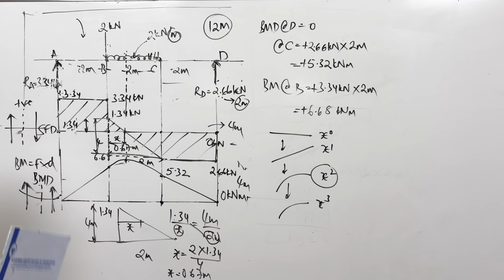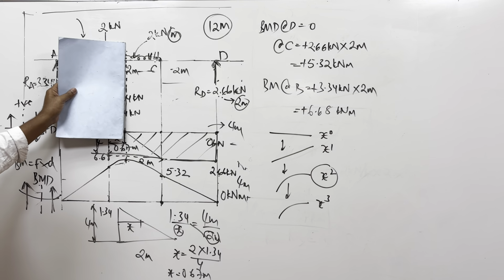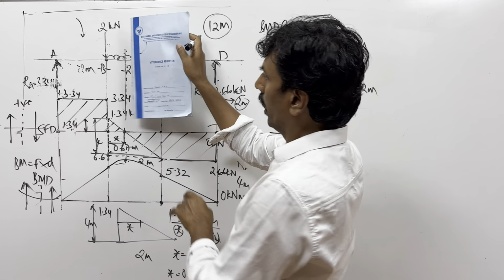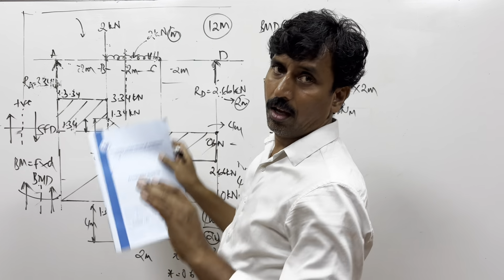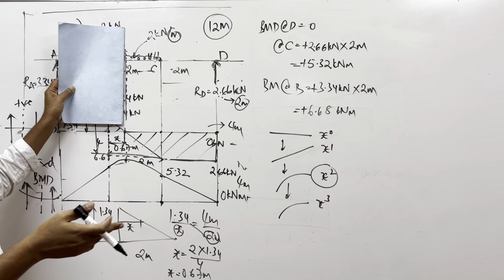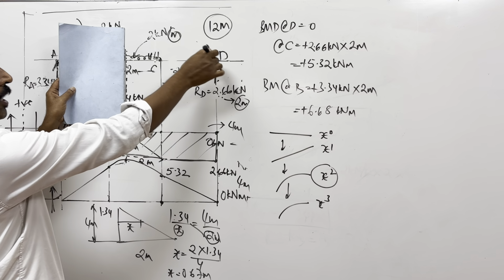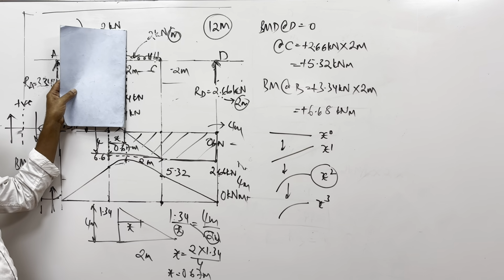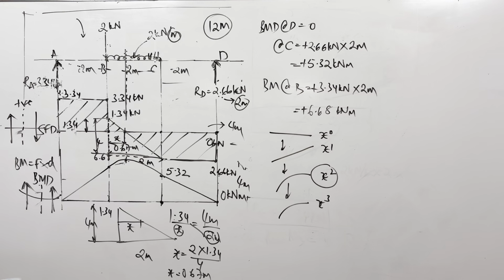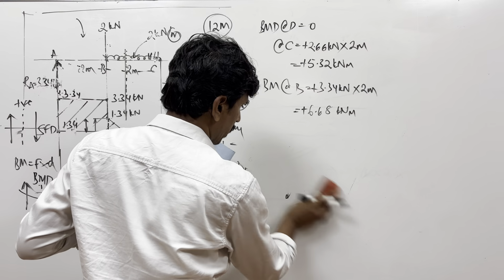Now once you have got this, I should go to that point, 0.67 meters. If I hold this point here, taking the right side seems to be easier because there is only one UDL and one point load. I'll try to find the bending moment about this point. So I'll erase this because I need space.